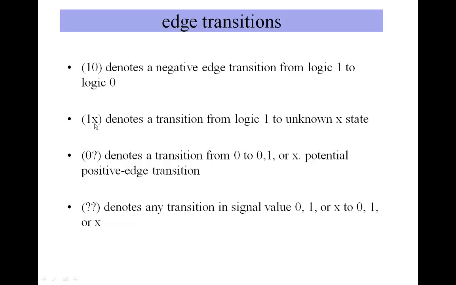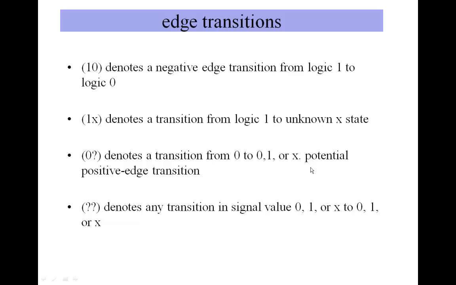Similarly, if x happens to be 0 or 1, if it happens to be 0, in that case the transition is taking place from 1 to 0. That's why this can be called a potential negative edge transition.